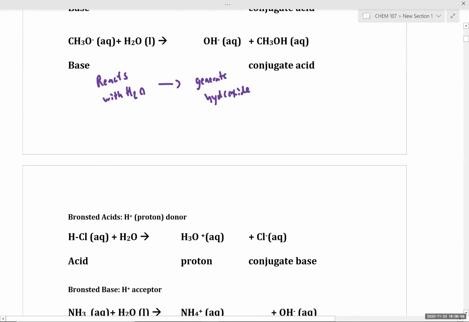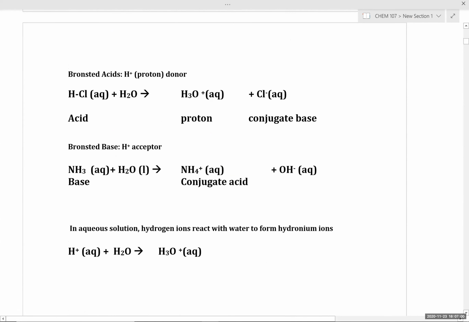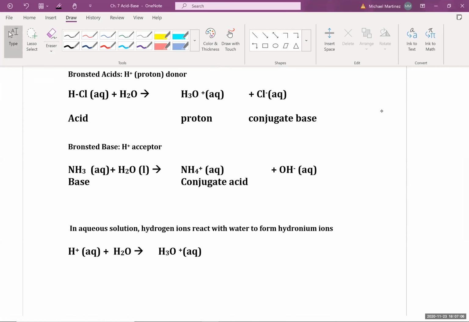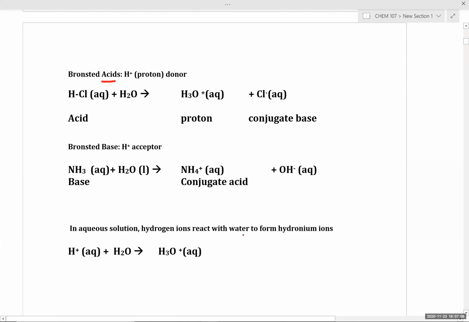Okay, so let's keep going now, and let's talk a little bit about the Bronsted definitions. So a Bronsted acid can be thought of as an H plus donor.